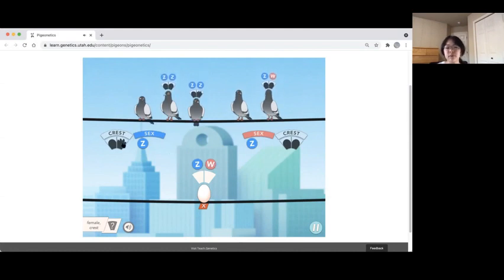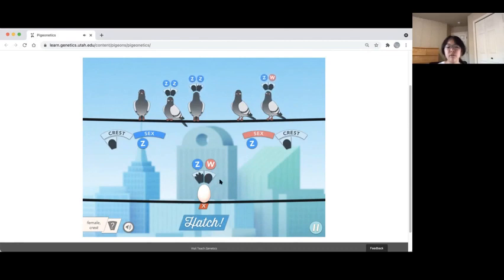And for our first pigeon, I've already said this earlier, but the crest will always dominate over the no crest. So yes, the crest will dominate. So we're just going to do that first and we will breed our offspring.